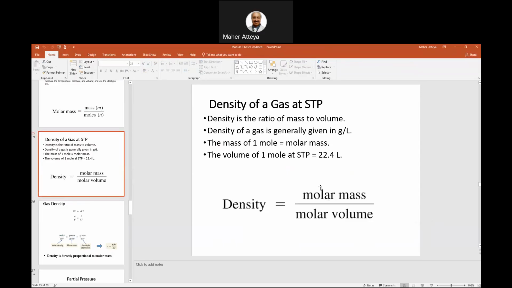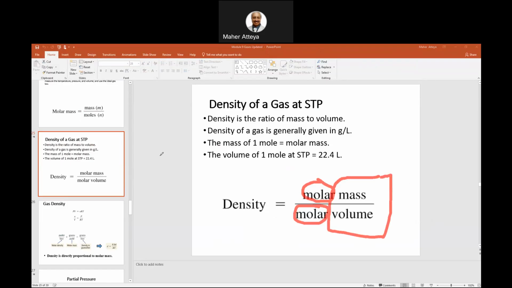Now with this one here, don't worry about the molar mass. The molar volume means you are working with STP for 1 mole. So density for 1 mole of gas, right? But the real density definition is mass over volume.